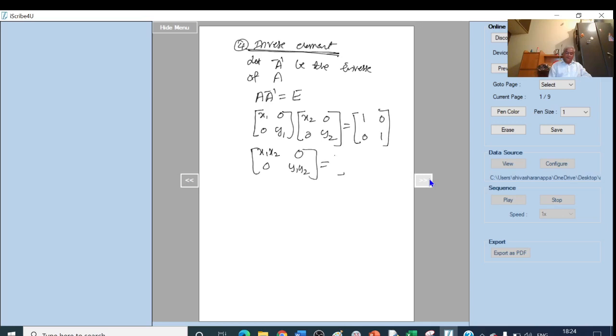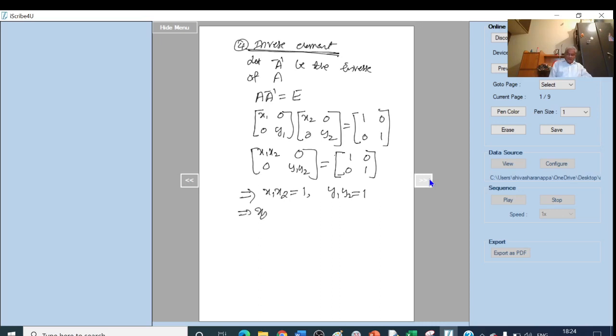This is equal to [1 0; 0 1]. Comparing the corresponding elements, we get x1 x2 equal to 1 and y1 y2 equal to 1.